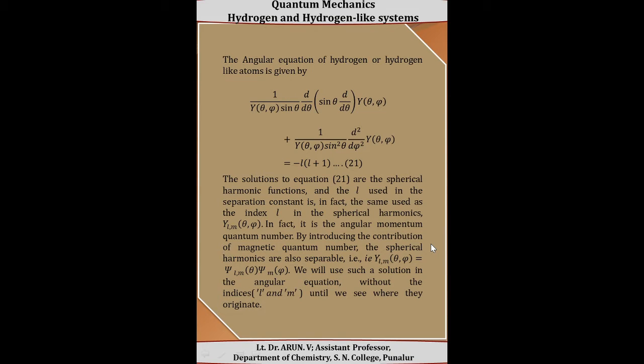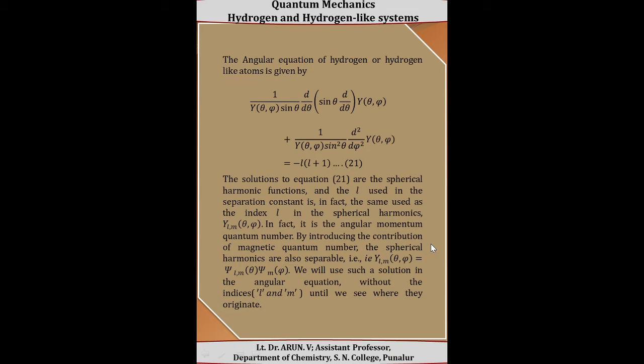In fact, it is the angular momentum quantum number L. By introducing the contribution of the magnetic quantum number, these spherical harmonics are also separable. That is, the spherical harmonics Y_Lm(theta, phi) are separated into psi_Lm(theta) and psi_m(phi).